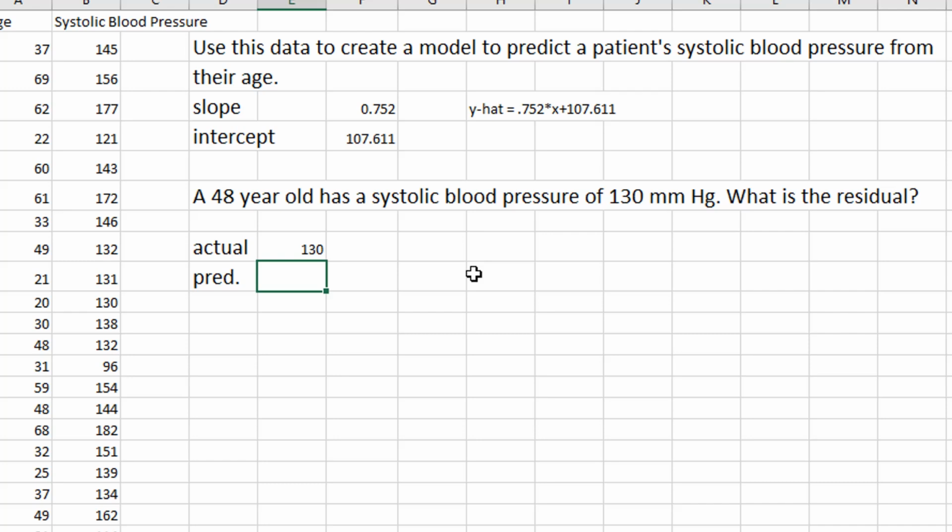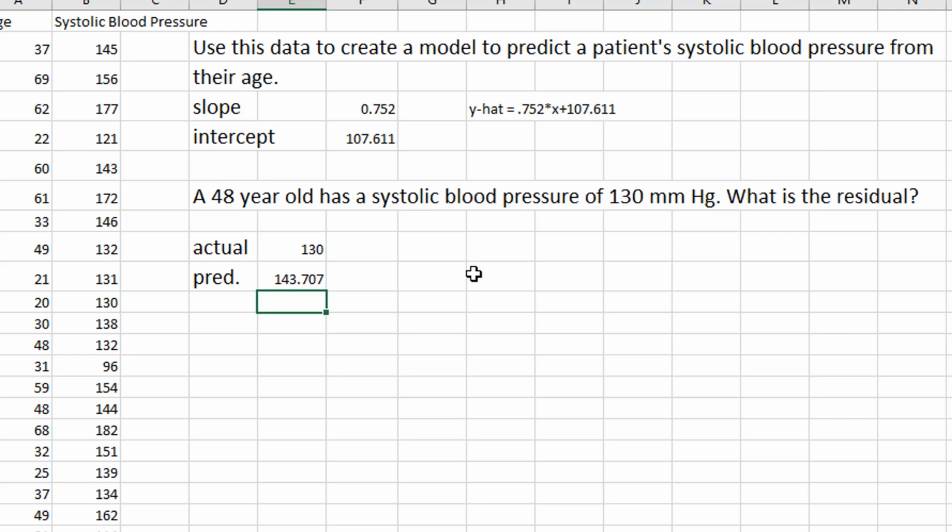The predicted is going to be 0.752 times 48, because this person is a 48-year-old, plus 107.611. All right, that's my prediction using the values up above. I've rounded to 3 decimal places. And this is my predicted systolic blood pressure for this person.